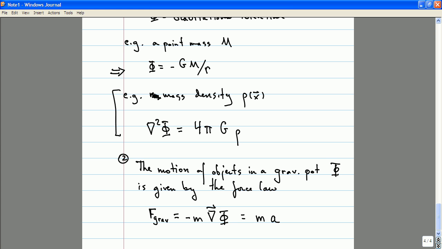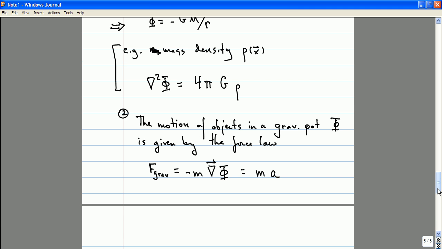So, for example, if phi is equal to 0, so that there is no gravitational force, then that implies that a is equal to 0, and the object moves on a straight line.